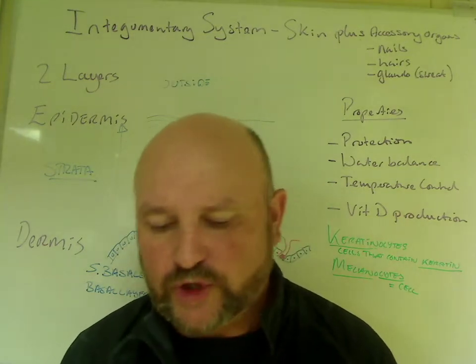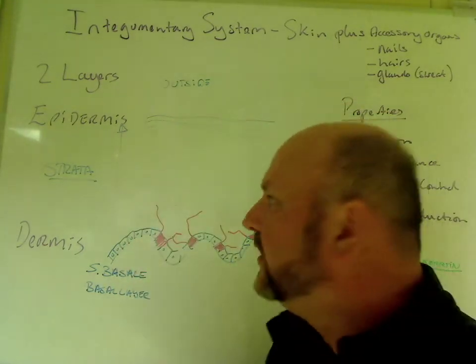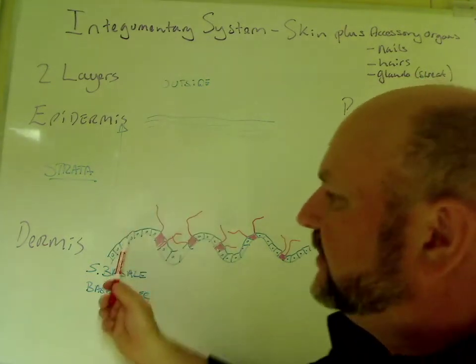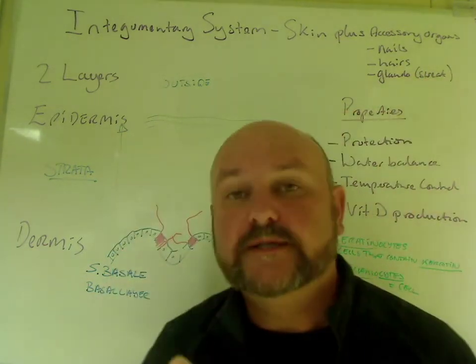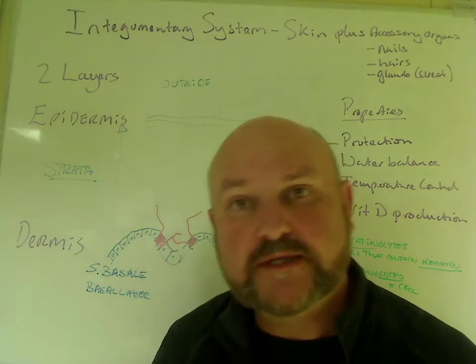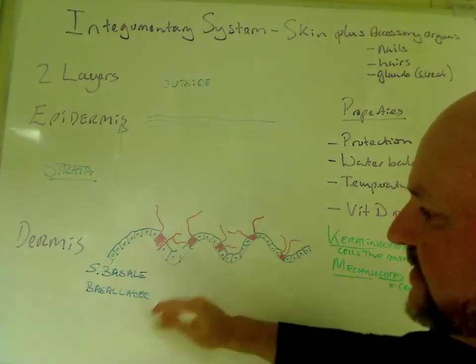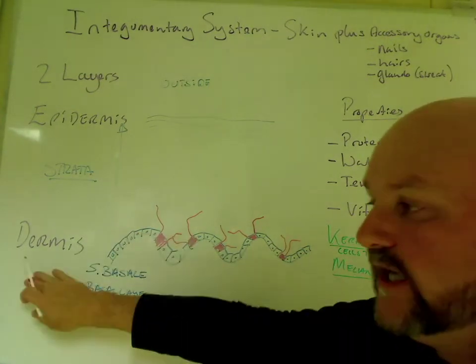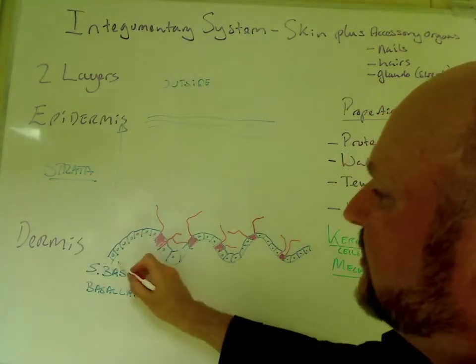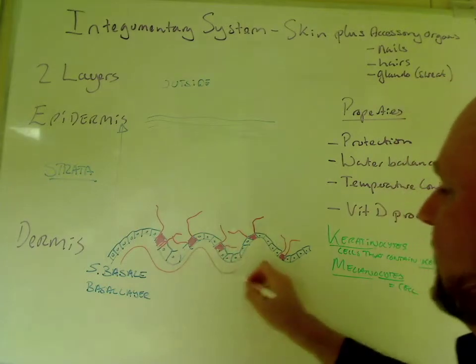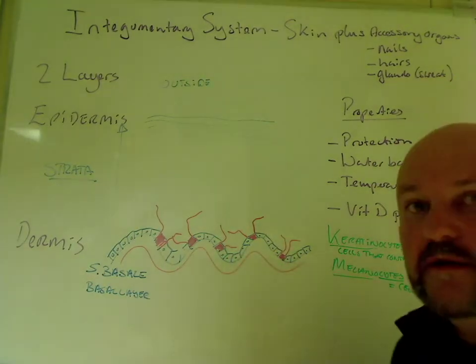And why would it be the germinating layer? Well, if you remember, this is epithelia, and epithelia is avascular, meaning it doesn't have a blood supply. So the cells closest to the blood supply, which is in the dermis, which is connective tissue, so the blood supply is running about there.